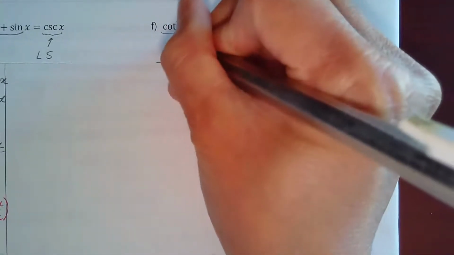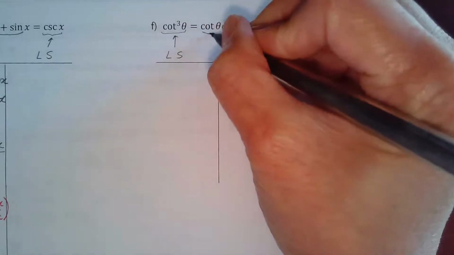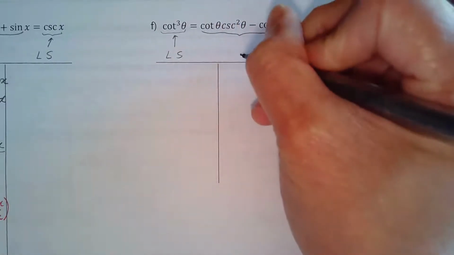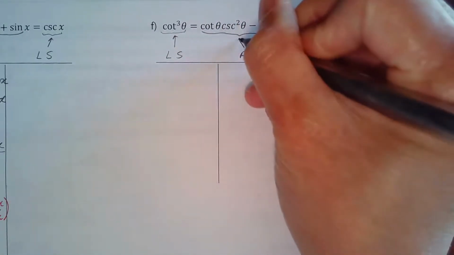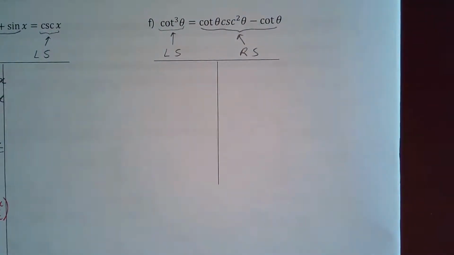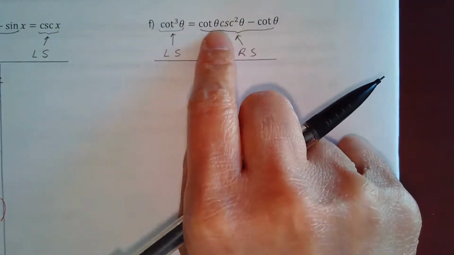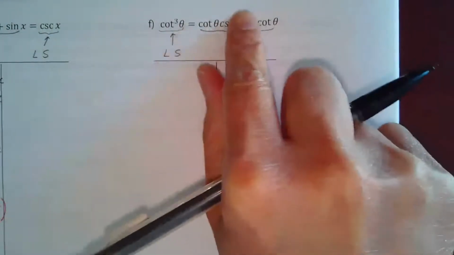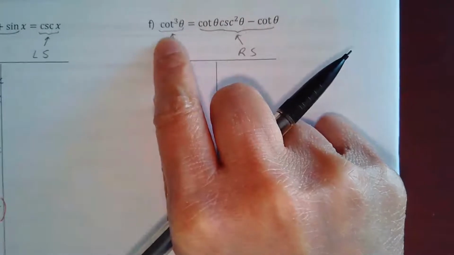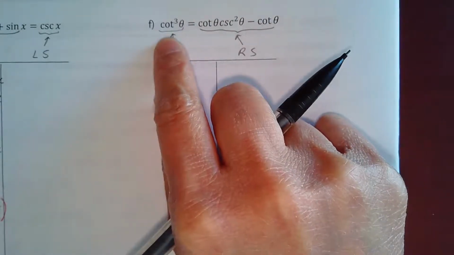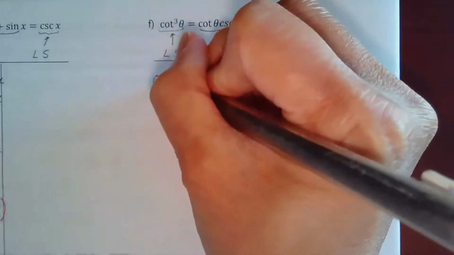Okay, so that's just the left side. But then the right side is a little bit more complex. So what can we do? Well, we've got to start with the right side and see if we can clean this up and make it look like cotangent cubed of theta. Okay, so let's write it in.